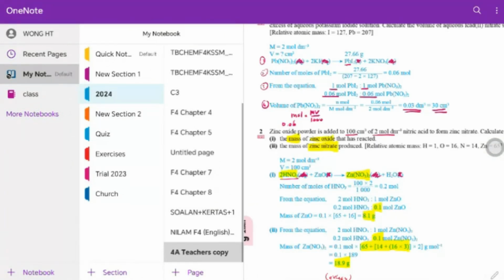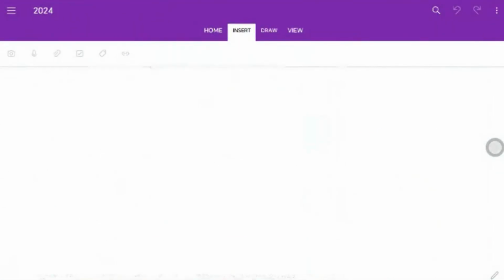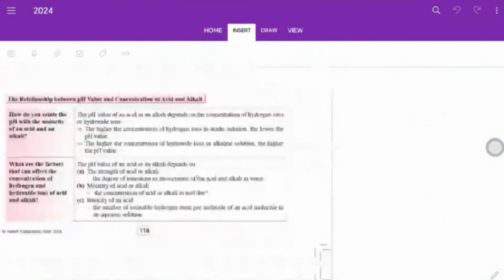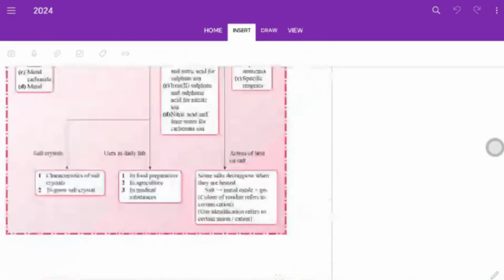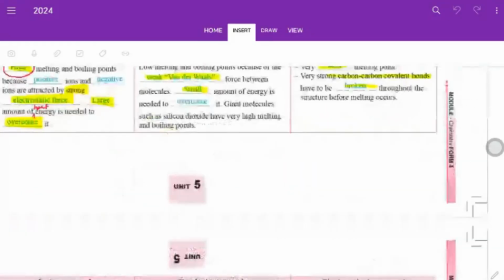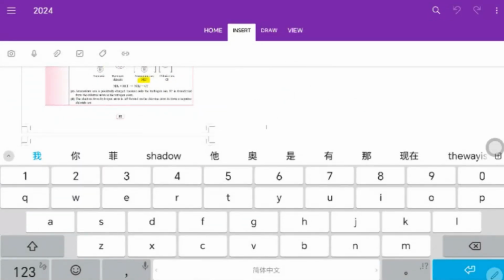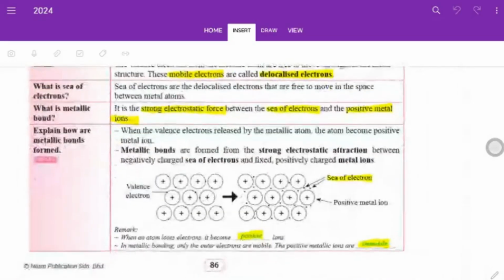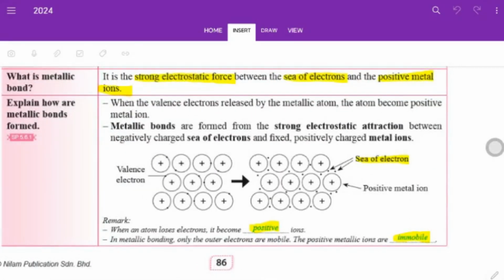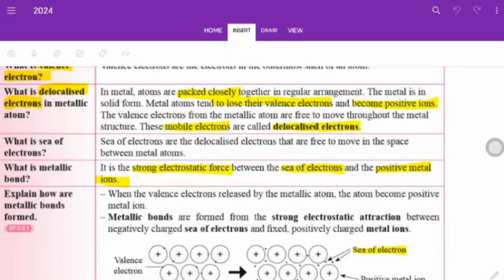Then we go to your notes. Begin nota. Chapter 5, the metallic bond here. You can use the explanation here.